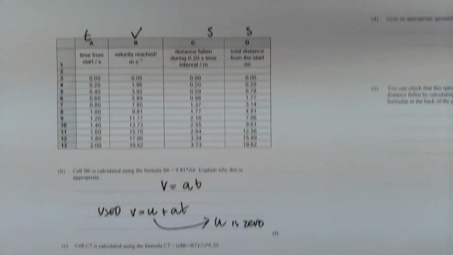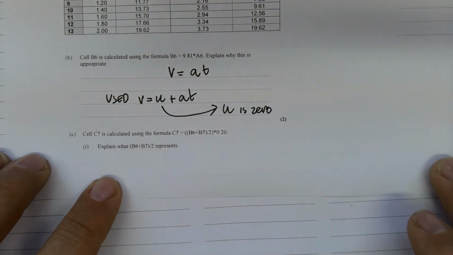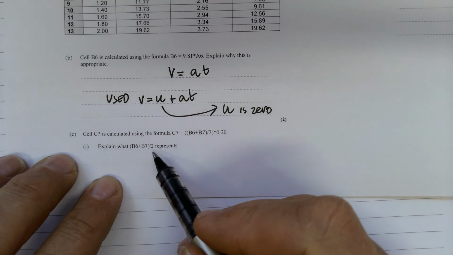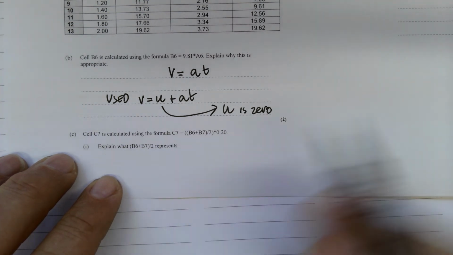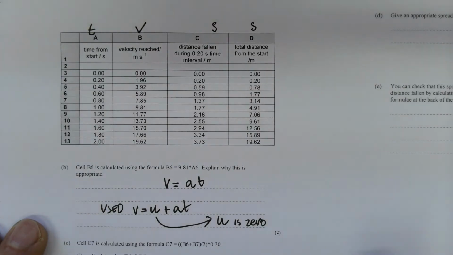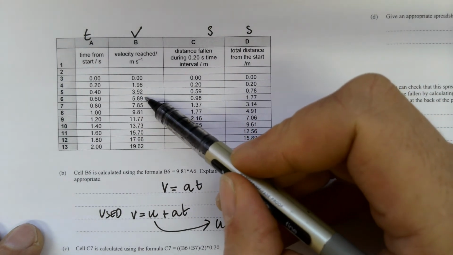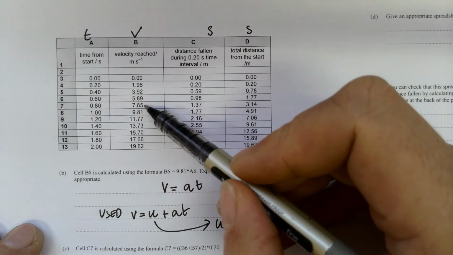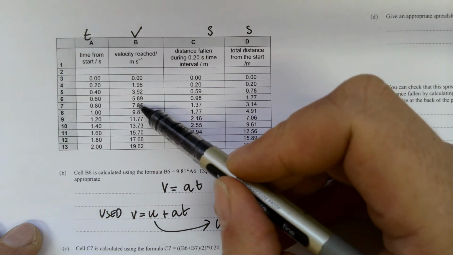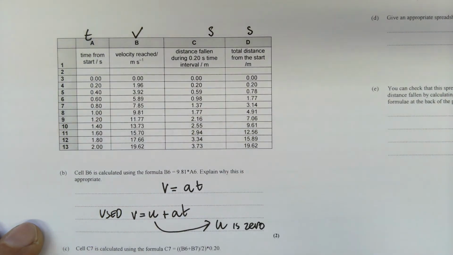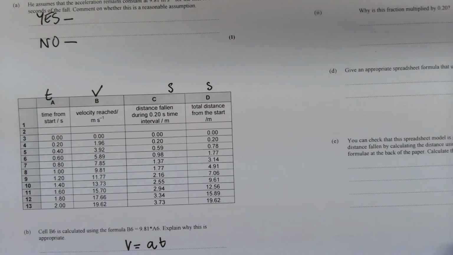Okay, next part of the question. Cell C7 is calculated using the so-and-so formula. Explain what B6 plus B7 over 2 represents. So let's have a look at B6 and B7. So B6 is this number here, and then B7 is the speed that it's reached 0.2 seconds later. So adding them together and dividing them by 2 is finding the average speed over that interval.